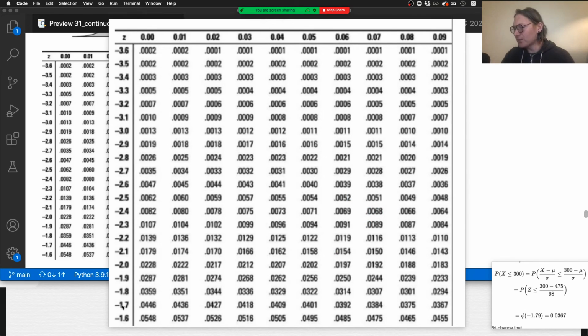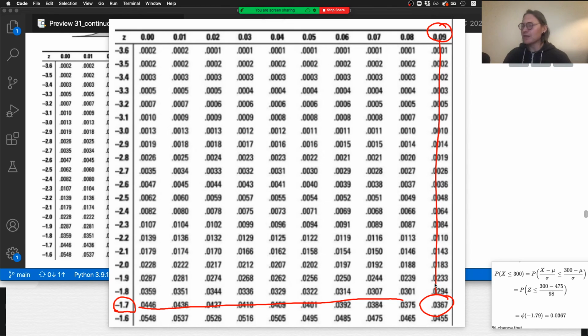You find negative 1.7, and then you take it to a further precision, which is going to be 0.09. So negative 1.7, minus 0.09. We can follow this all the way over, and this all the way down.